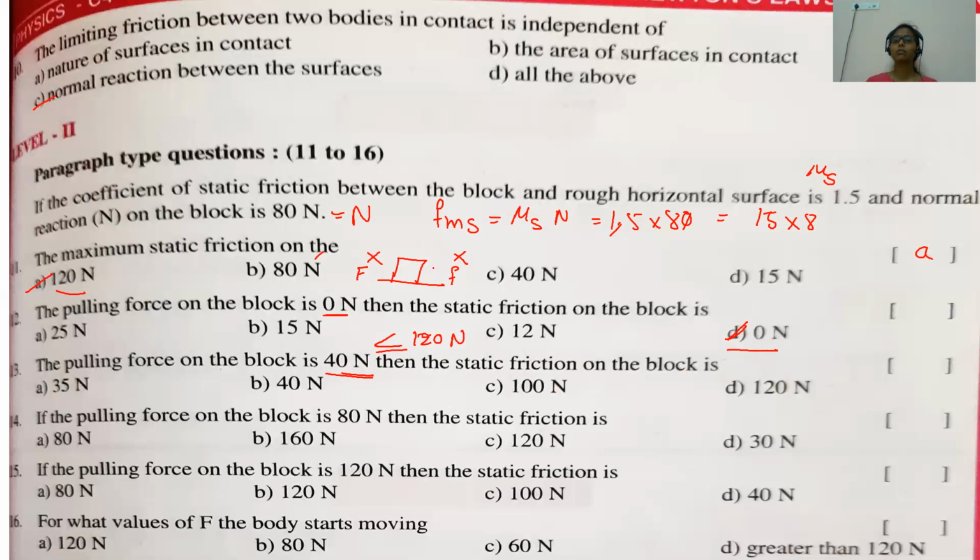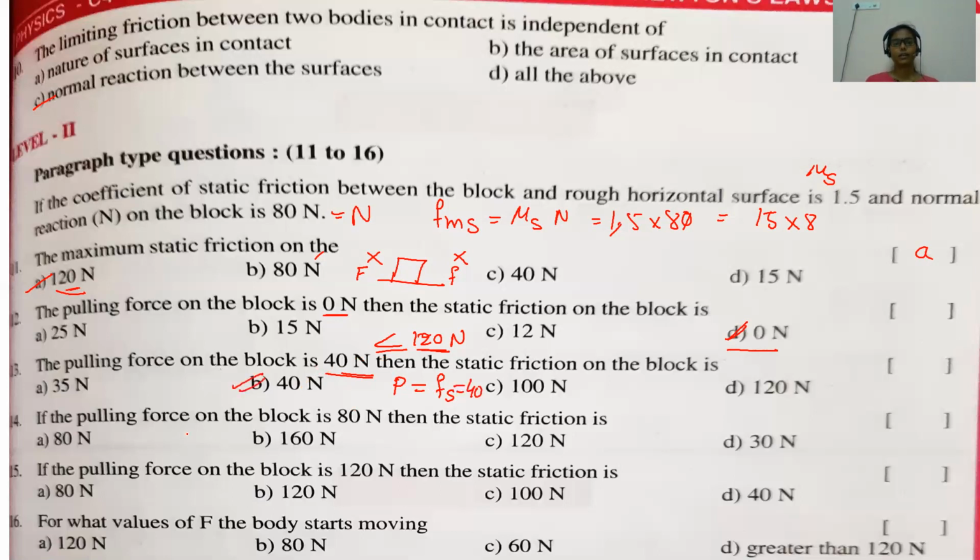Only if you apply more than 120 newtons will the block start to move. If the applied force is less than that, the pulling force is just equal to the static friction. So we can write it is just 40 newtons.